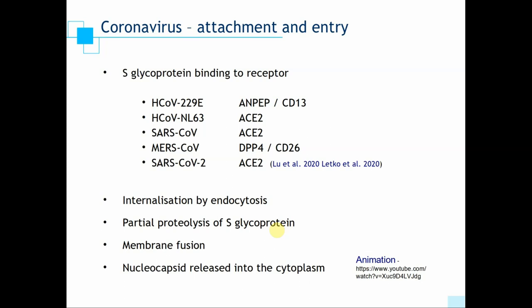I think I'll show you this video. We'll probably still have time. So that's for the classical endemic viruses. However, for SARS coronavirus and SARS-CoV-2, this membrane fusion step occurs at the surface of the cell, which I think is what we'll see here.